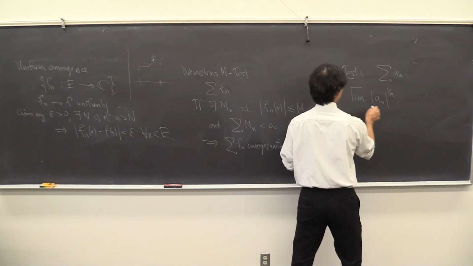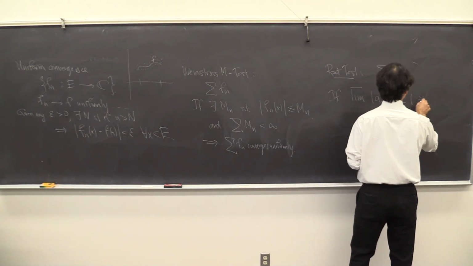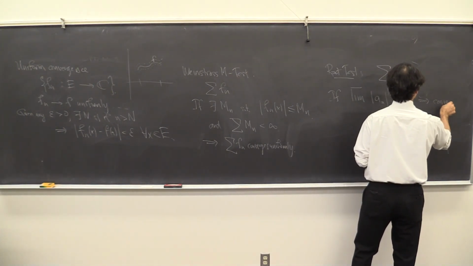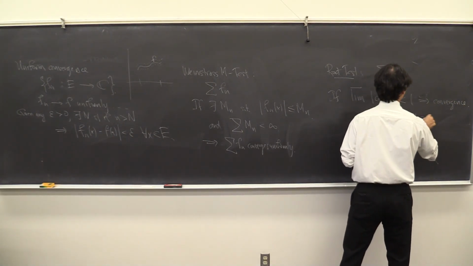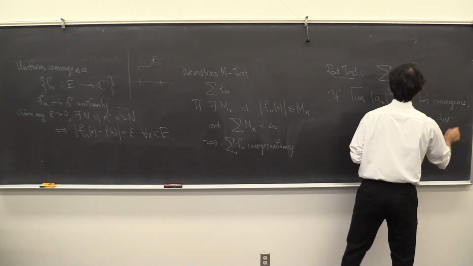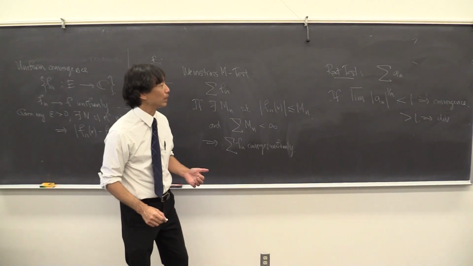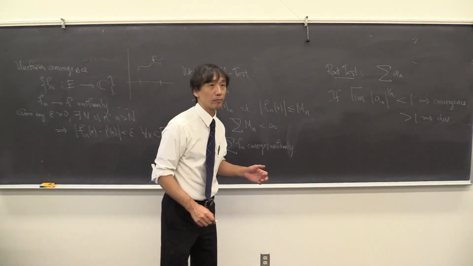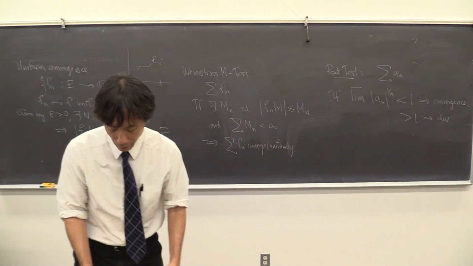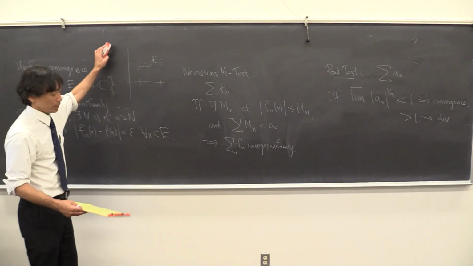As long as that is smaller than 1, then you have convergence. If it's greater than 1, then you have divergence. That's the root test. Those are things that hopefully you've seen before, and we're going to use them shortly.